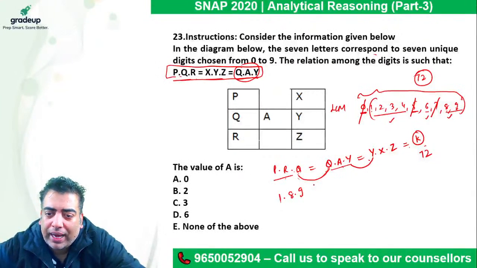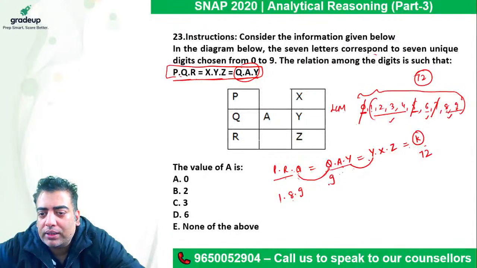If I keep 9 as a common value, the product of the other two can be 2 and 4, which is possible. But if I keep 8 as a common value, the other two should be either 1 and 9 or 3 and 3. So the only possible combination is 9. Leftover is 2 and 4. I have to see whether 2 is common or 4 is common.